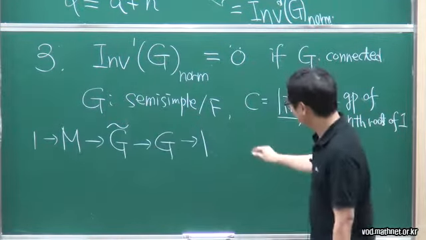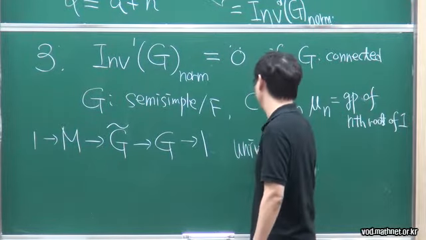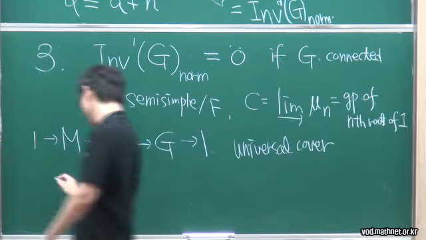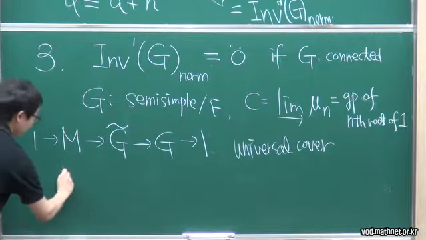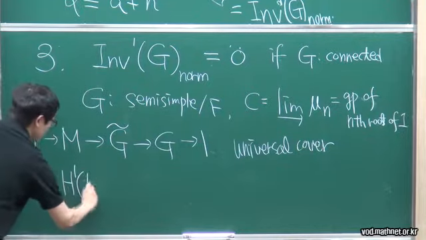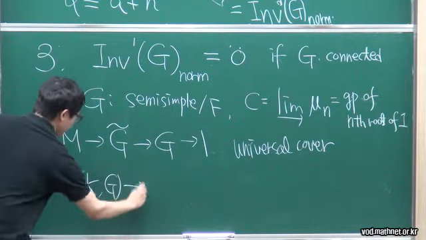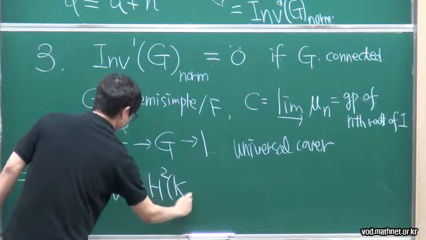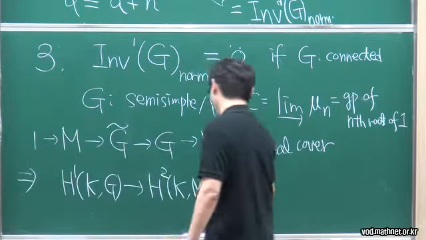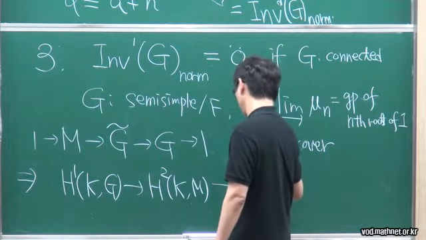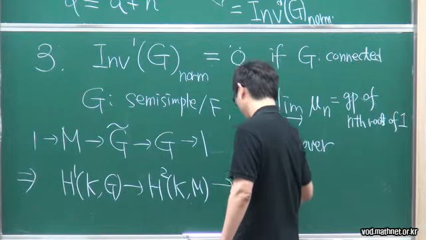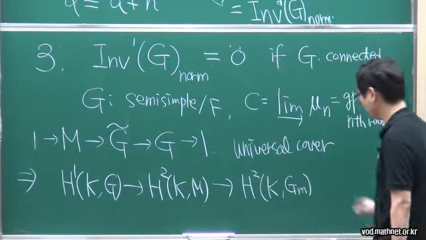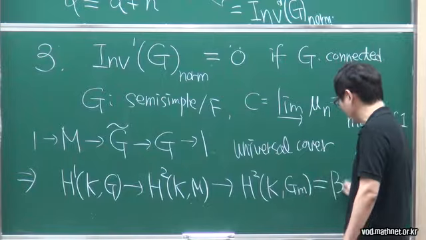Then from this exact sequence, one has H1 of K, G mapping to H2 of K, mu_n, which is just the Brauer group of K.